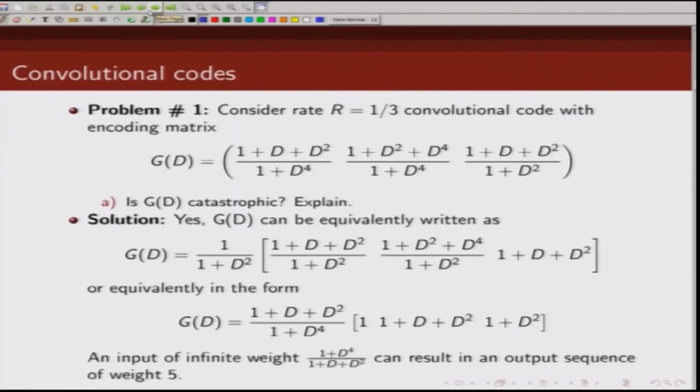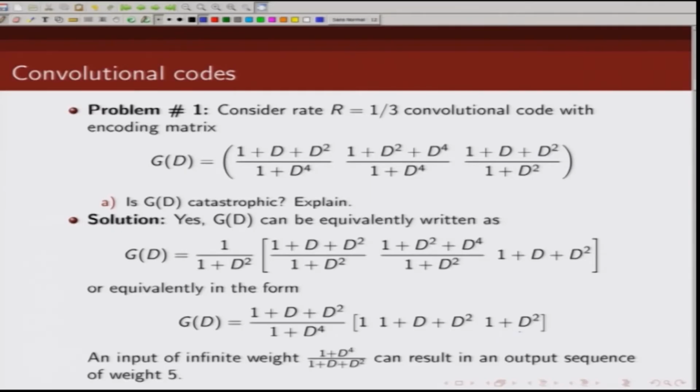If we take that out, we get here 1 plus d square, and this is 1 plus d square. This is 1 plus d square plus d4 divided by 1 plus d square, and this is 1 plus d square. Similarly, we see in the numerator there is a common term 1 plus d square. If we take that out, what we get here is 1 plus d square and 1 plus d square.